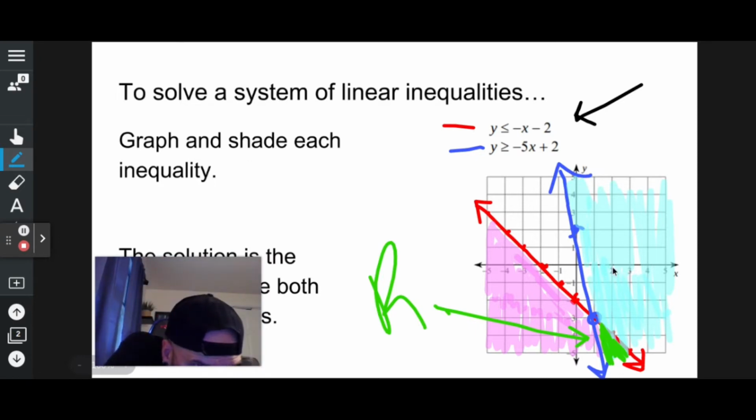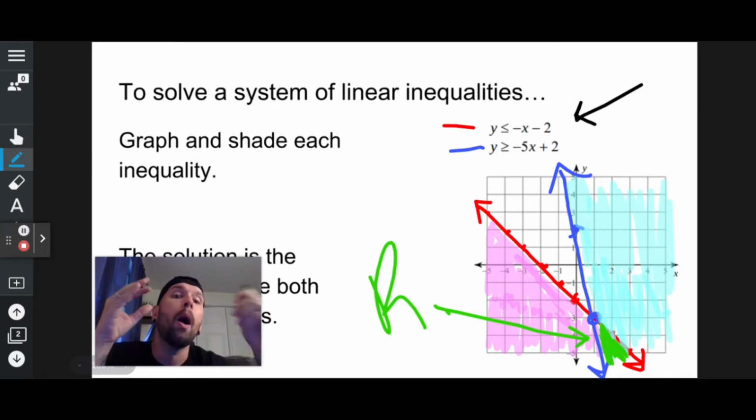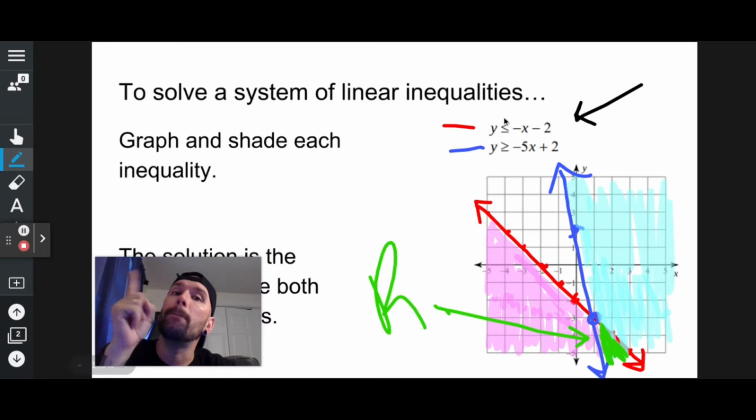All of these points in here, like 2, -6, or 1, -3, or all of these points way down here that you wouldn't be able to see, if I were to plug them into both inequalities, it would work for both. It would be a true statement.